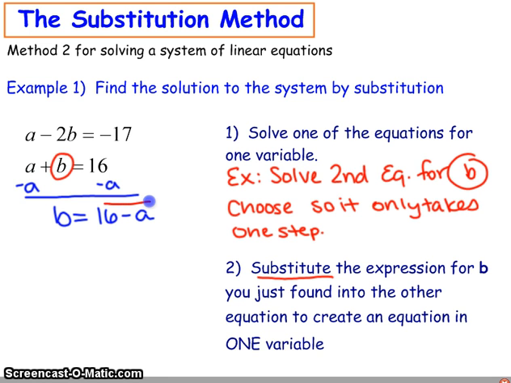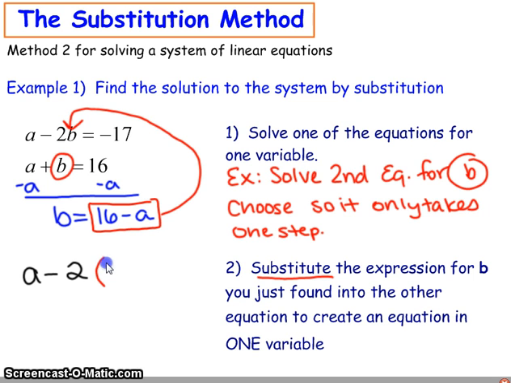So we know that B equals 16 minus A. We're going to take 16 minus A and put it into this other equation where we see the B. So I'm going to take A minus 2, and then instead of putting in a B, I am going to put in my 16 minus A. Because by solving this first equation for B, we realize that B and 16 minus A are the same thing.